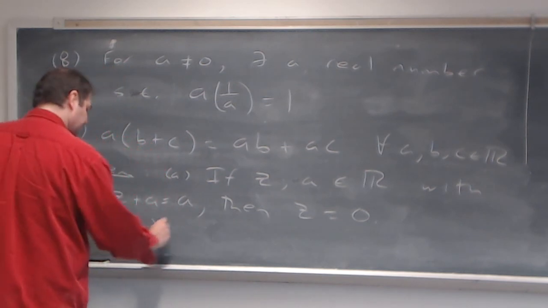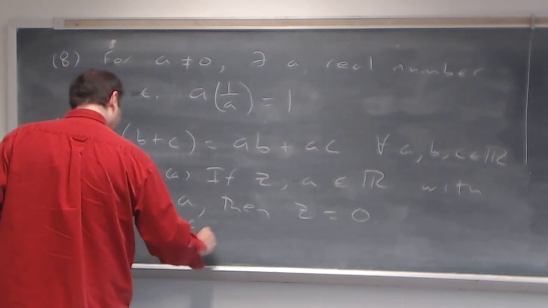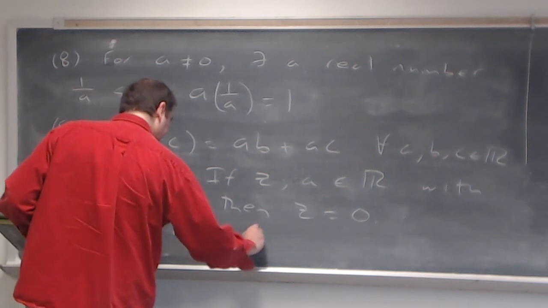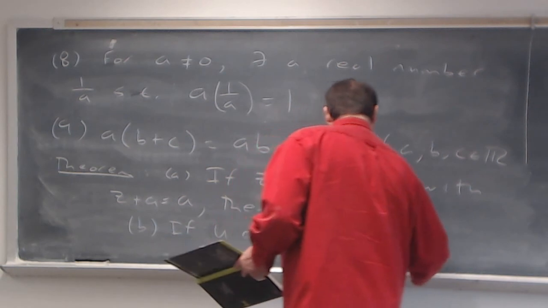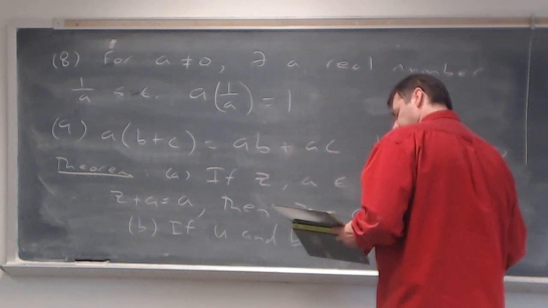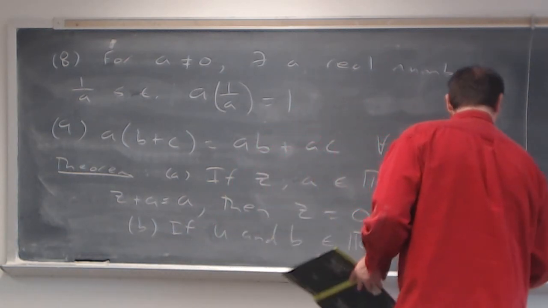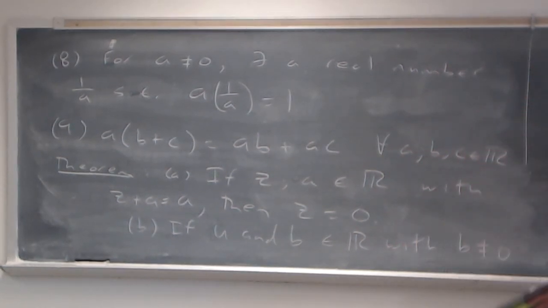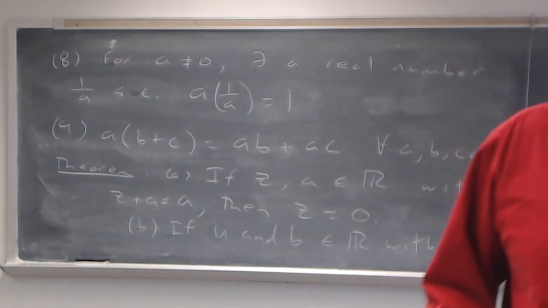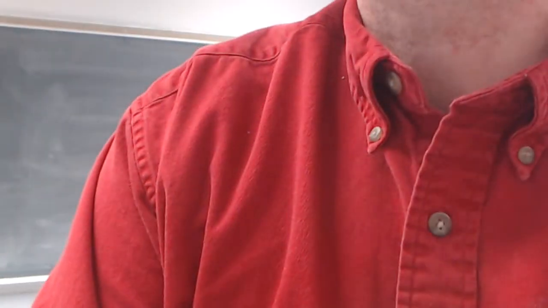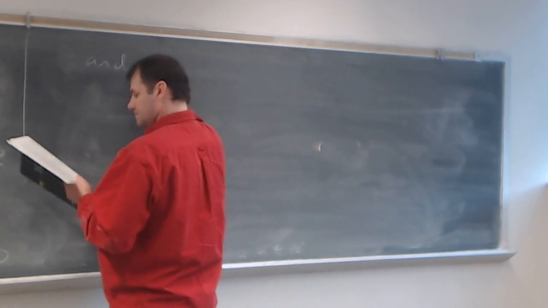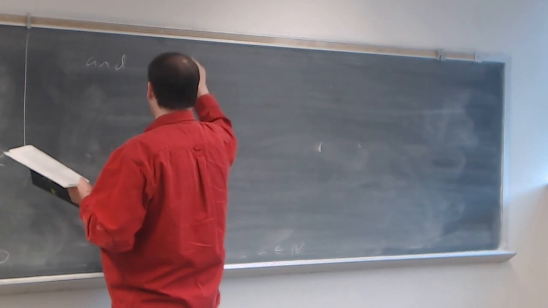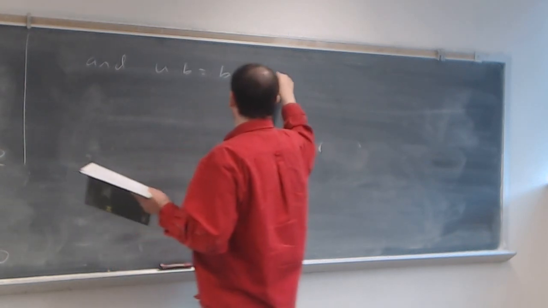Part B says, if U and B are elements of R, with B being different from 0, and U times B equals B, then U had to be 1.